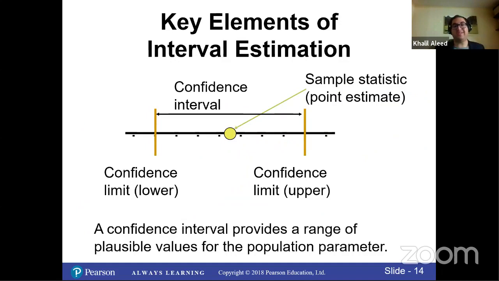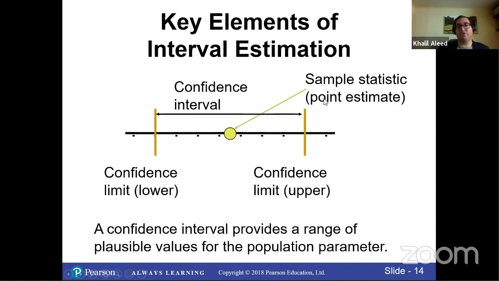This chart here will summarize what we're trying to say. The thick black line represents all the values within the population. What we are trying to do is take a sample and find a value.